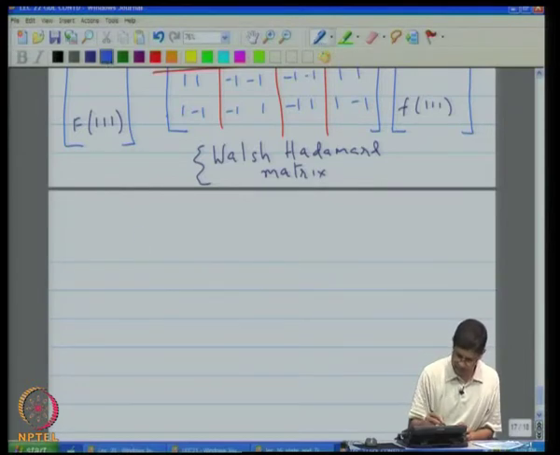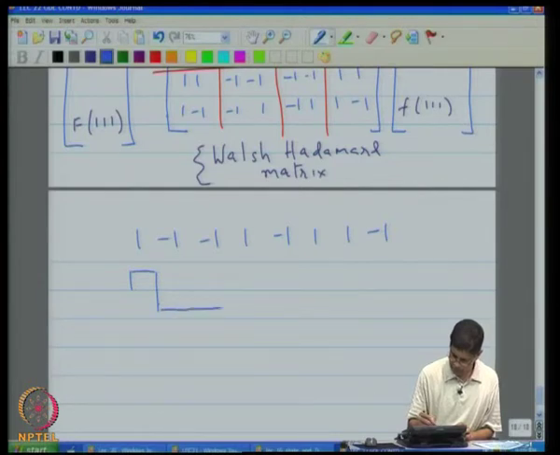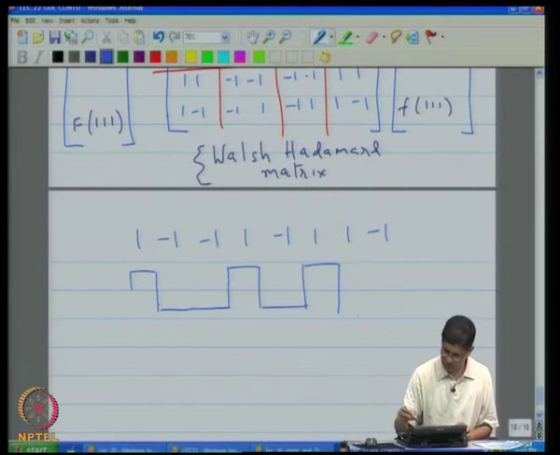Let me take the last Walsh function that I have here. It would be associated with a pulse train that goes positive, then negative, then again positive, negative, positive, positive, and negative.